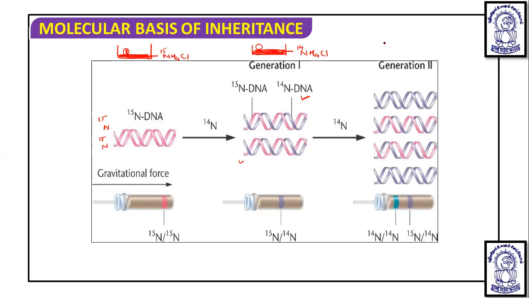Then for the next generation also, if we go on growing them in the NH4Cl-containing medium where the nitrogen is not heavy but a light isotope, in an N14 medium, then the two strands of this hybrid get separated.